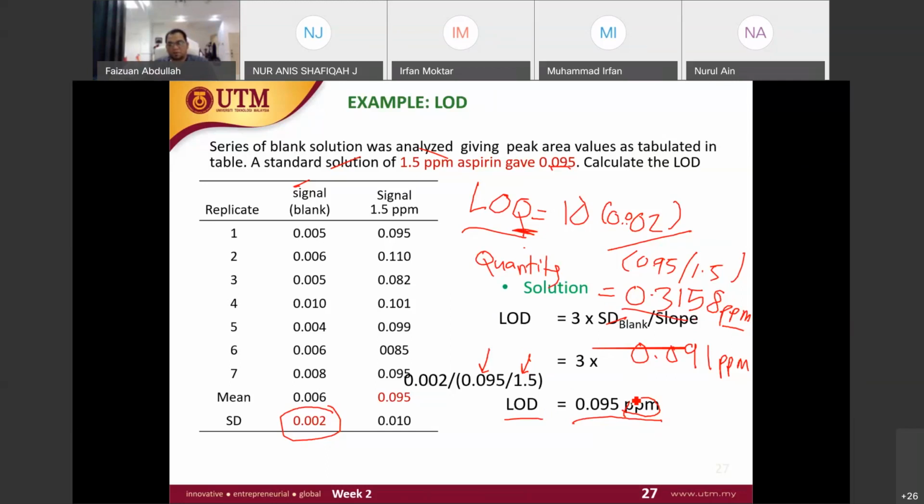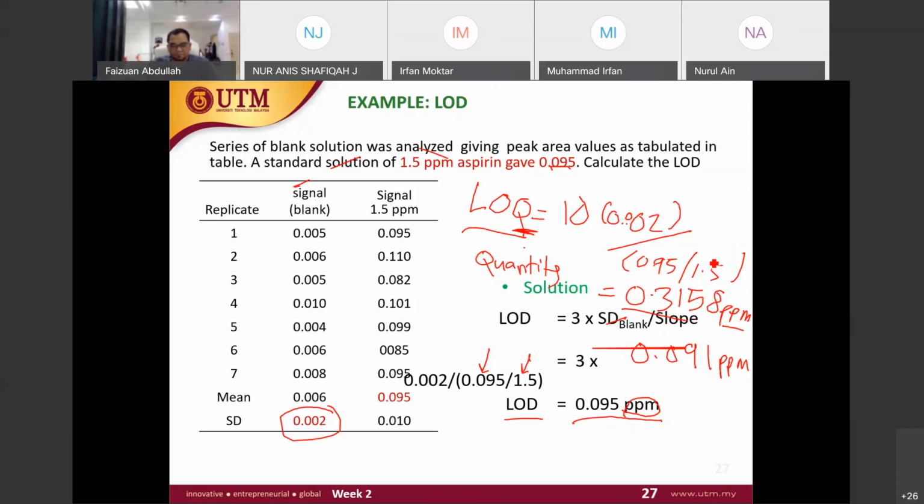For us to quantify, to give the quantity, the acceptable value is using that equation, and for this case 0.3158 ppm is the lowest value that can be acceptably presented by this instrument.